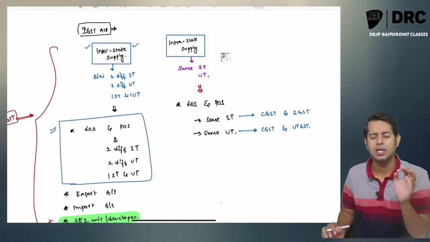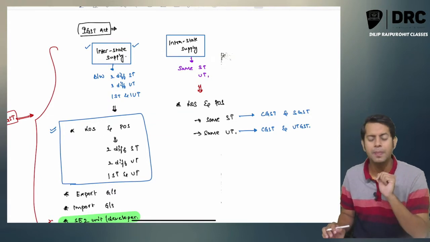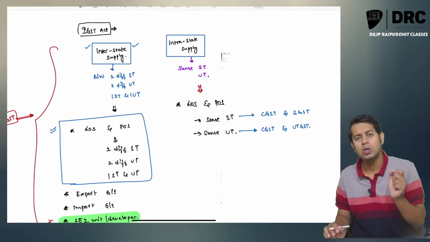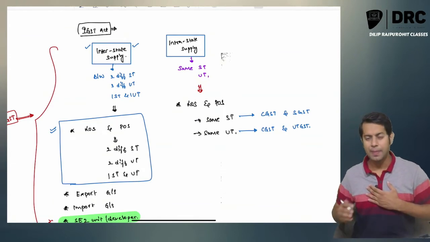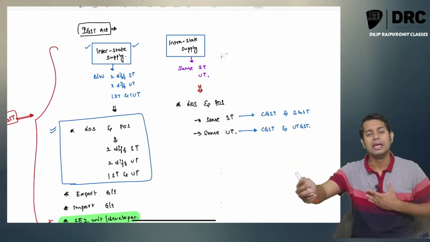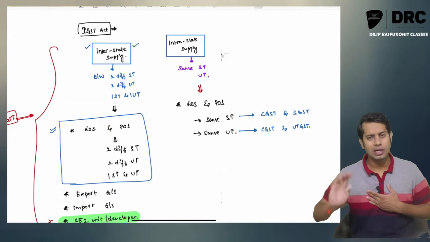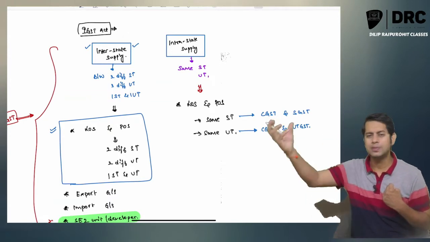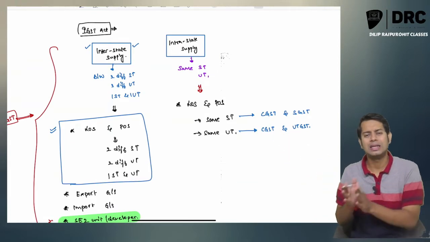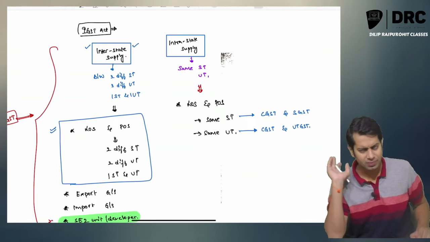I'll repeat this discussion. We are presently discussing the concept of interstate supply and intrastate supply. Sir, what do you mean by interstate supply? I will call a particular transaction an interstate supply if the location of the supplier and the place of supply is in two different states, two different union territories, or one state and one union territory, or it is a case of import or export of goods or services, or the transaction is a supply to an SEZ unit or SEZ developer.